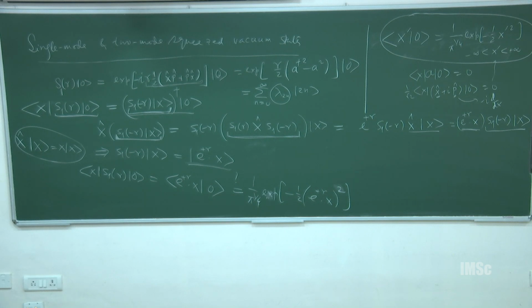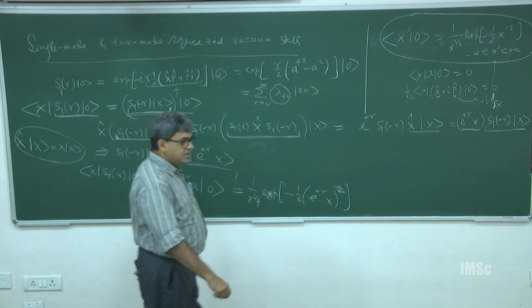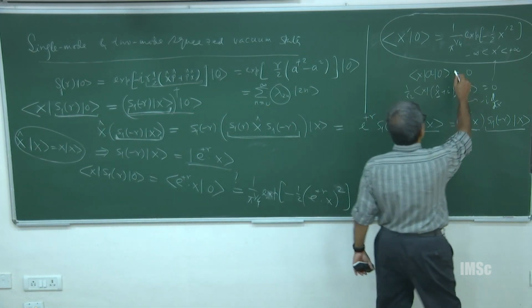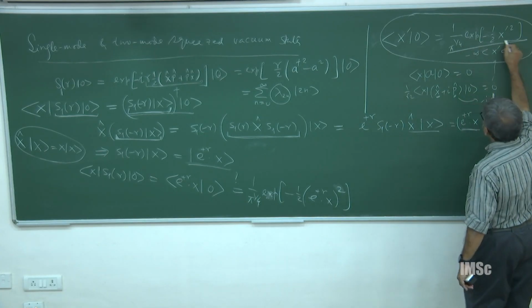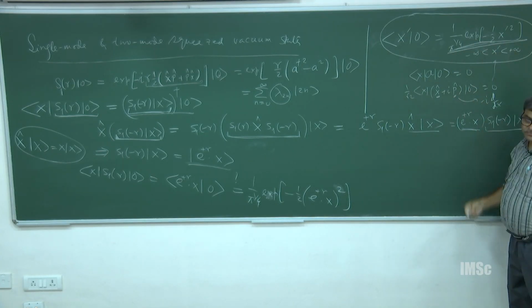Think about it. What should be the criteria? Sorry? You were just changing from x prime to e to the power r x. Right. But if I look at here, this wave function, is it a normalized wave function?